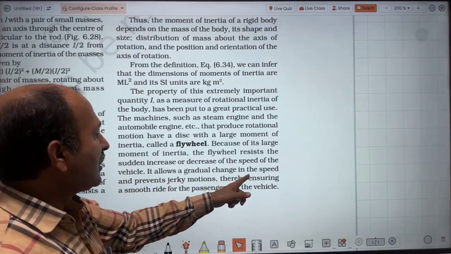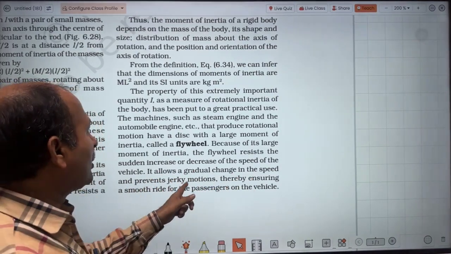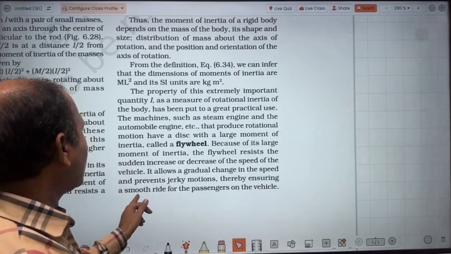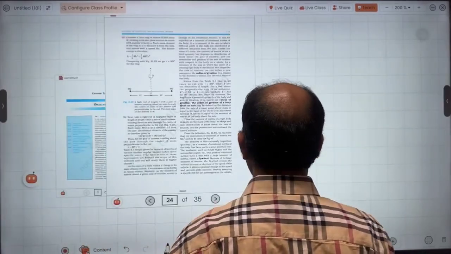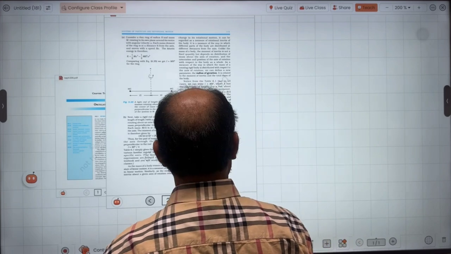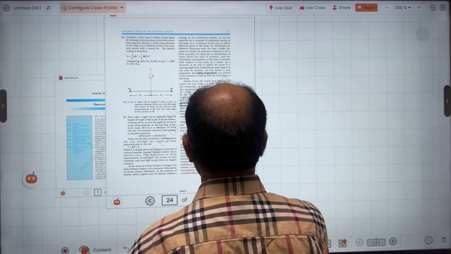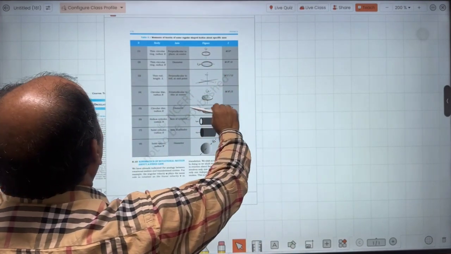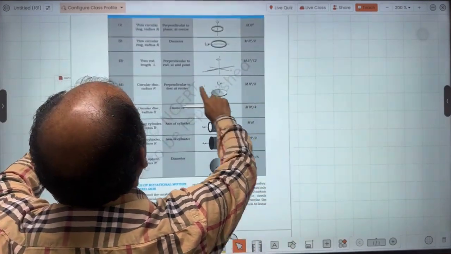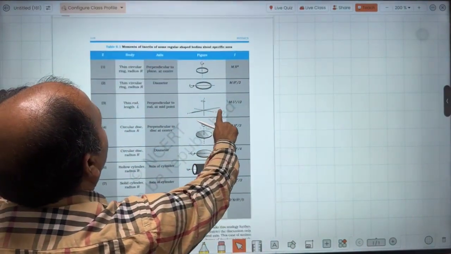It allows a gradual change in speed and prevents jerky motions, thereby ensuring a smooth ride for the passengers. So this is an important concept. There will be some numericals based on this concept. So we will see, but here let's see some other thing.